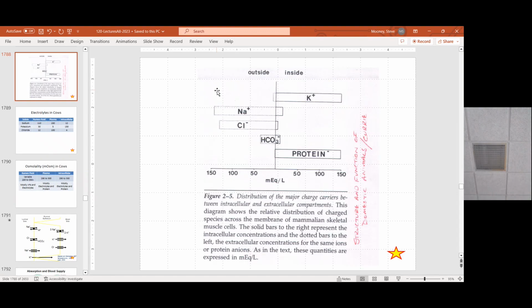So looking at this diagram, potassium is going to be mostly balanced against protein. You're going to have bicarb in here as well. So outside the cell, you've got chloride for your negative, and bicarb.